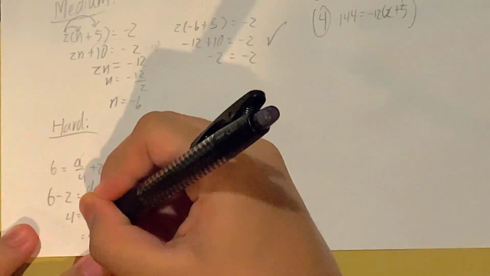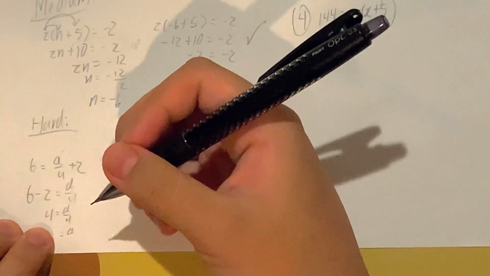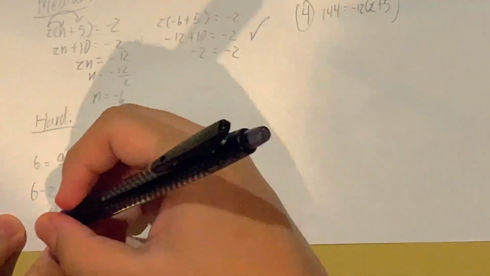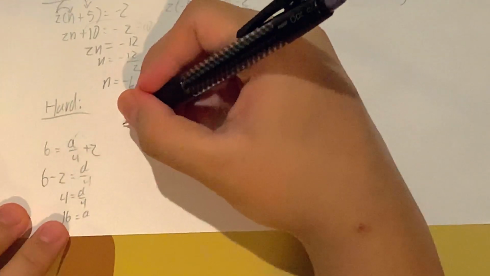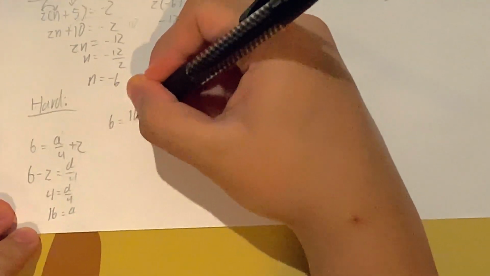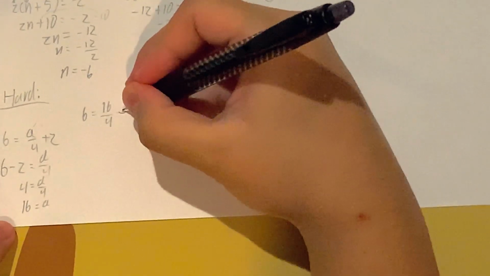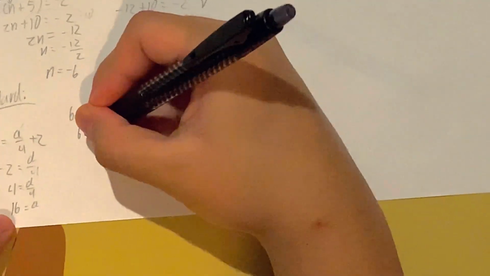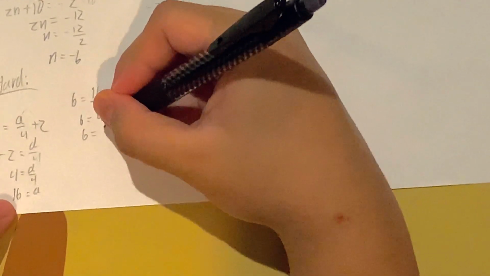And then since a is gonna be divided by 4, if 4 is gonna move in here, it's gonna be 4 times 4, which is 16. And then let's check our answers. And this answer is also right.